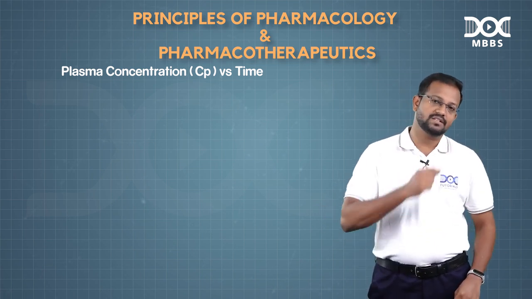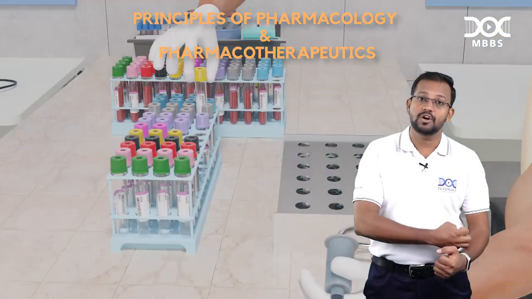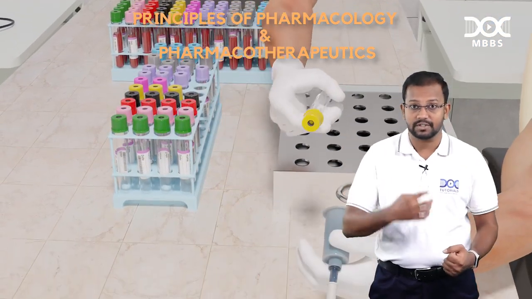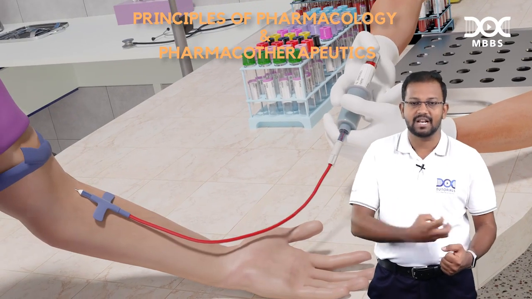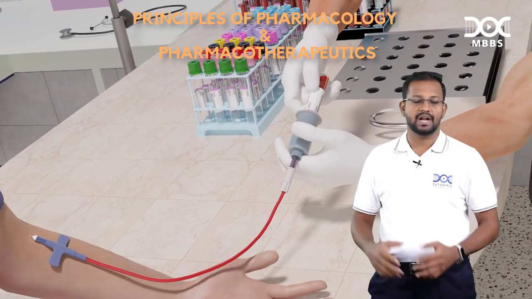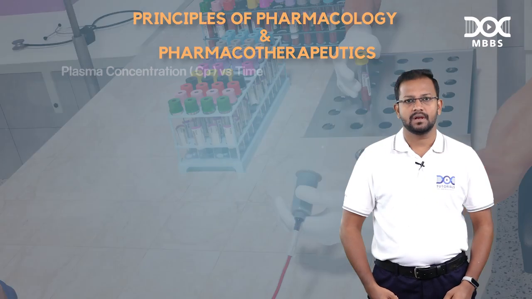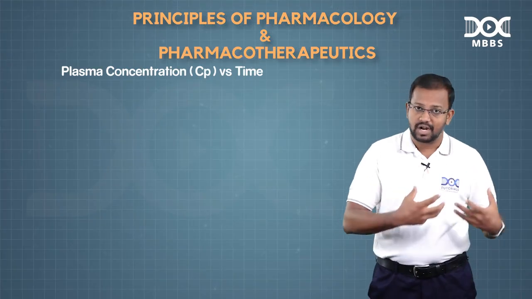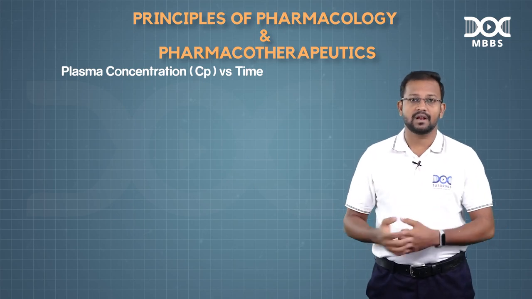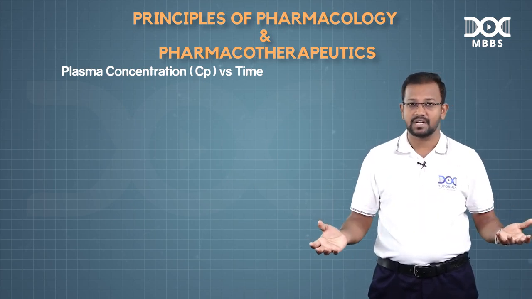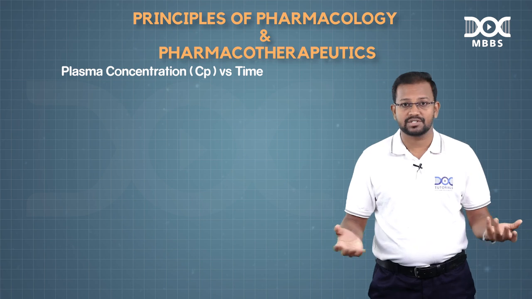Now, after the patient has taken the tablet via the peroral route, I withdraw blood every 5 minutes for the first 15 minutes, at 5, 10 and 15 minutes. I send it for biochemical analysis and look at how much drug concentration is there in the plasma. Similarly, every 5 minutes for half an hour, every 10 minutes for 1 hour, every half an hour for the next 5 hours, and every 1 hour for the next 12 hours.